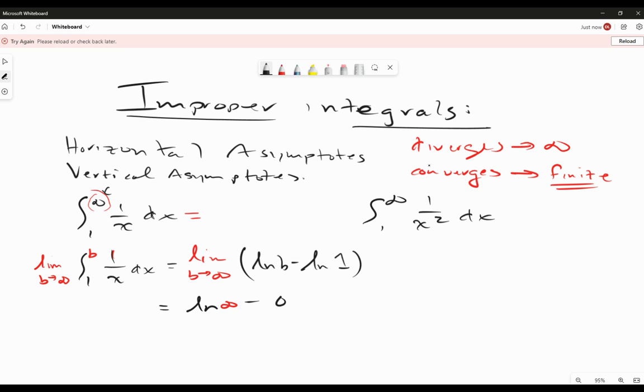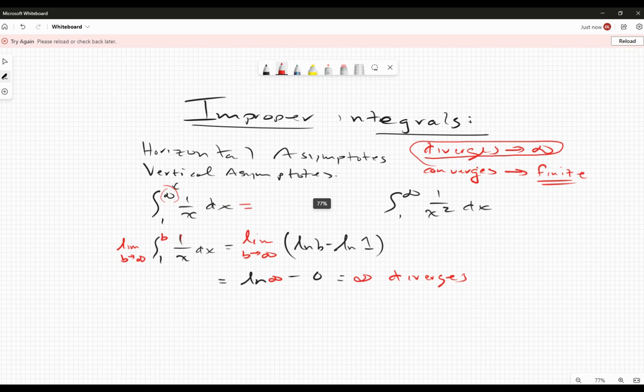So then what's the natural log of infinity? Well, that is going to be infinity. So my answer to this is infinity. It diverges because it's an infinite answer. This one diverges.